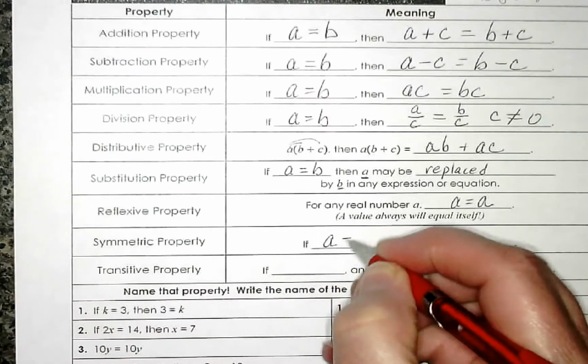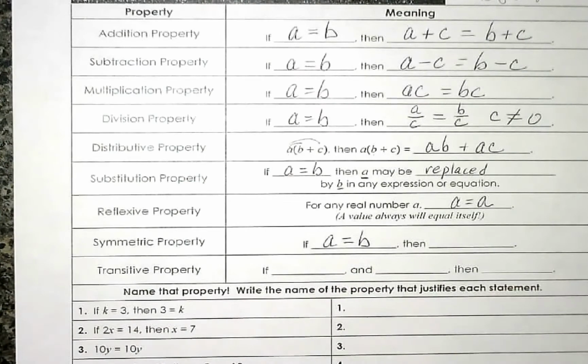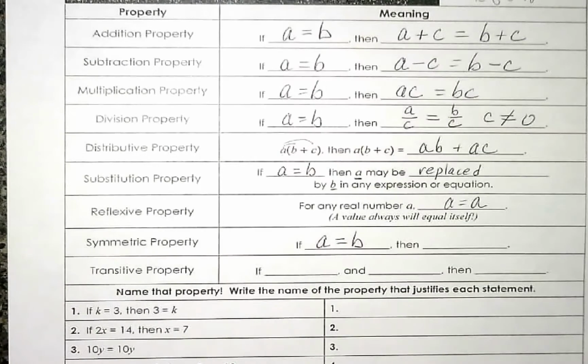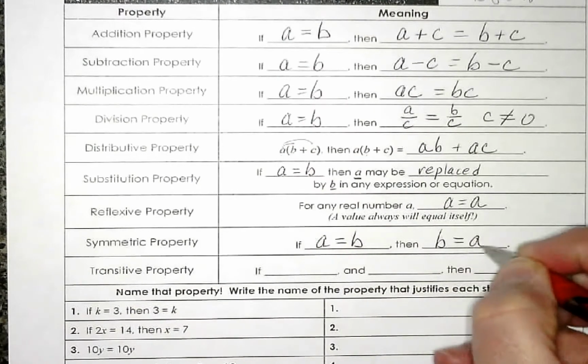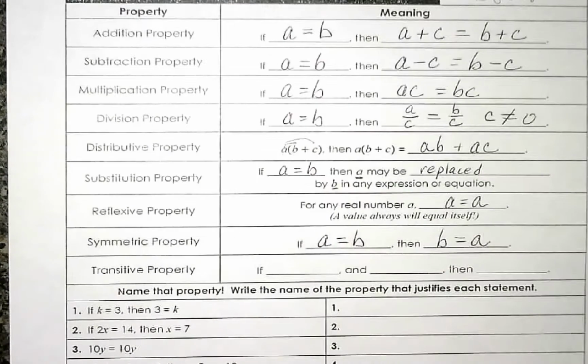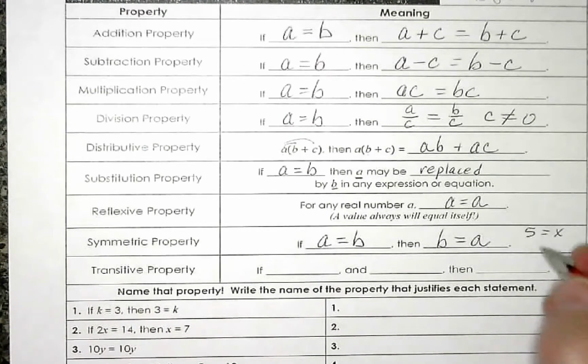Symmetric property is, again, we're starting with that same thing. If A equals B, then B equals A. Okay, so where this one kind of comes into play is when you were solving your algebra equation and somehow you ended up with X on this side, and then for your answer, you just wrote it down like this.